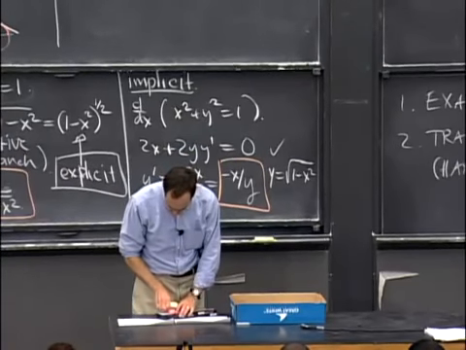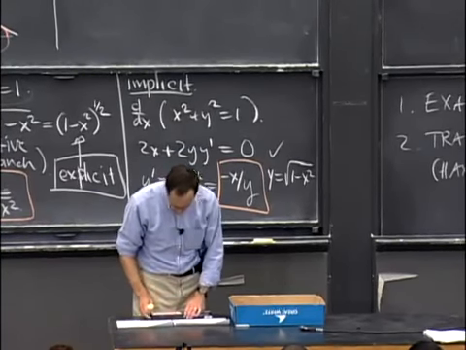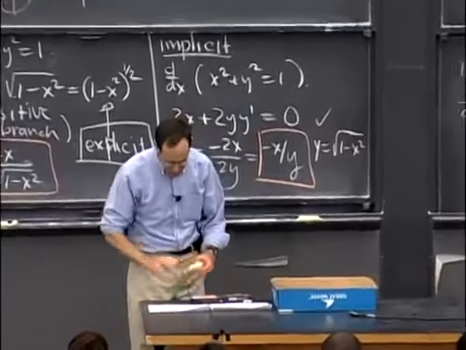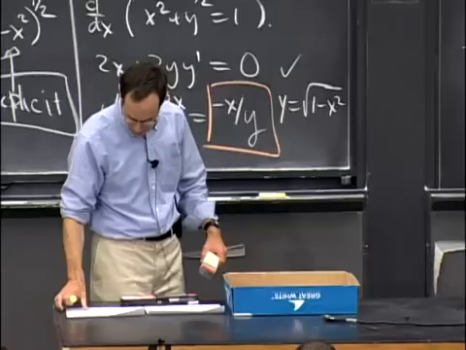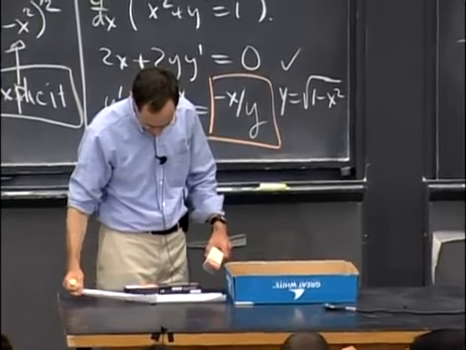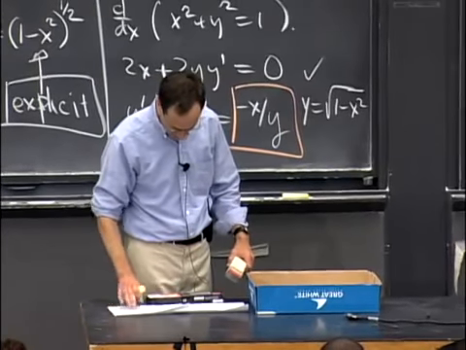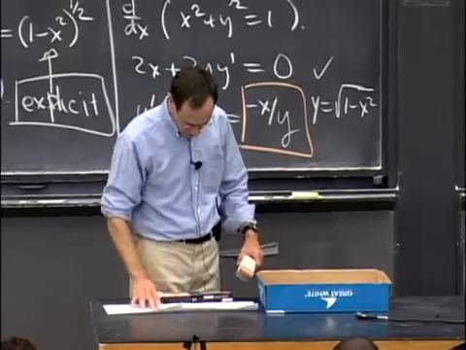Okay, so now I want to give you a slightly more complicated example here. It's not going to be the most complicated example, but it'll be a little bit tricky.